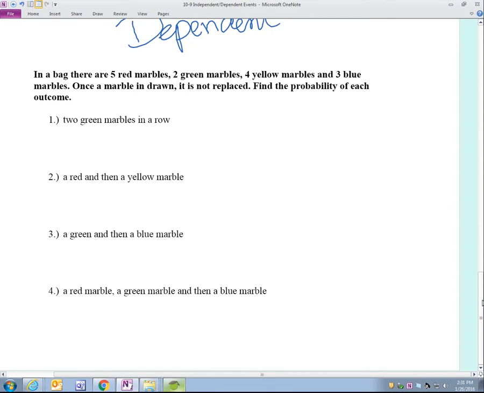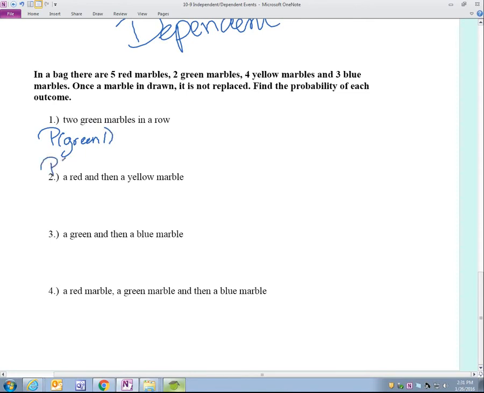I could easily say that all four of these are going to be dependent on each other, but they're only going to be dependent on the number itself. So you have 2 green marbles in a row. So my event 1 is green 1.